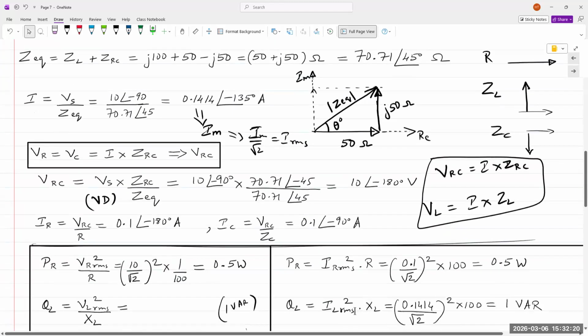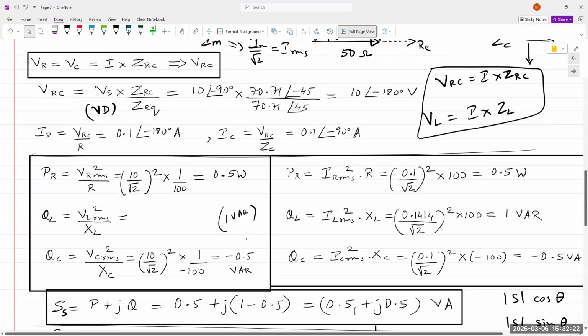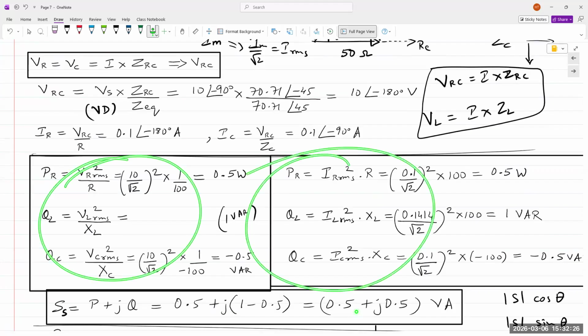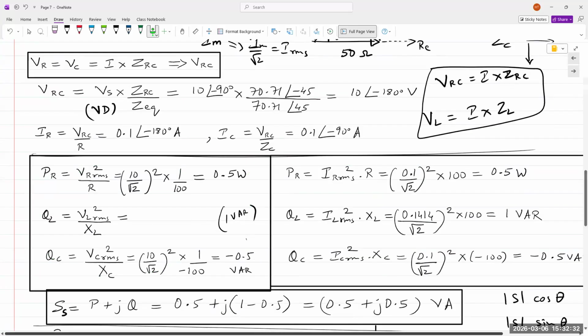So now we have the currents. All we have to do is apply our equations. On the left, it's the voltage. On the right, it's the current. When I apply V squared over R, 0.5 watts. I squared times R, 0.5 watts. No difference.